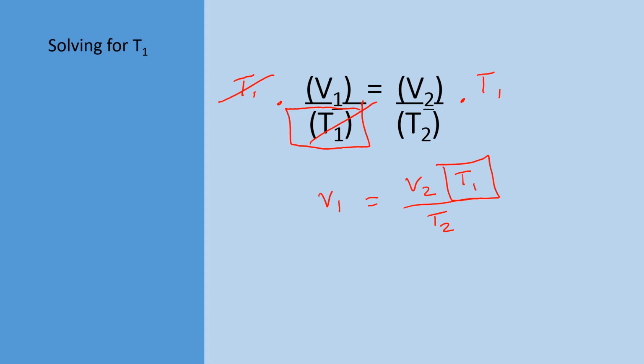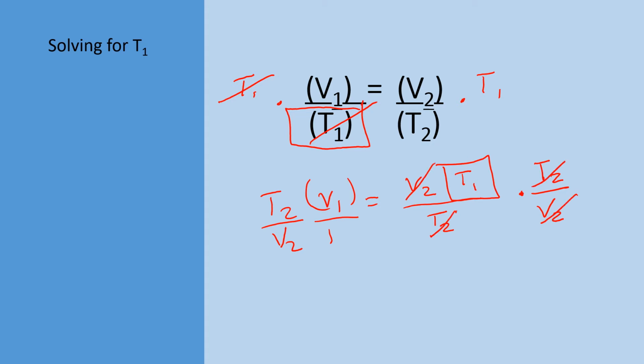So we need to multiply both sides by the inverse of the V2 over T2. So T2, V2, and then on this side, T2, V2. So these cancel out.